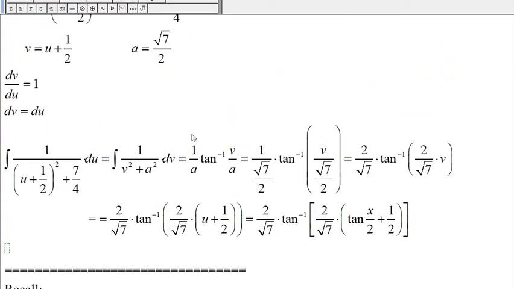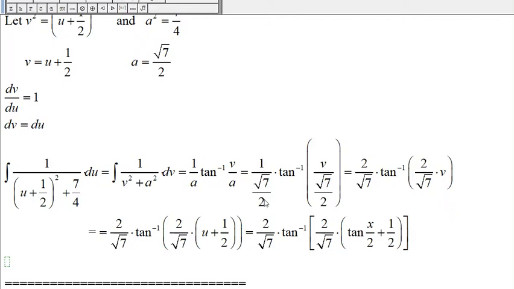A is the square root of 7 over 2, and so in the place of a we have the square root of 7 over 2. V is u plus 1/2, and then u is tangent of x over 2, and this is the answer.